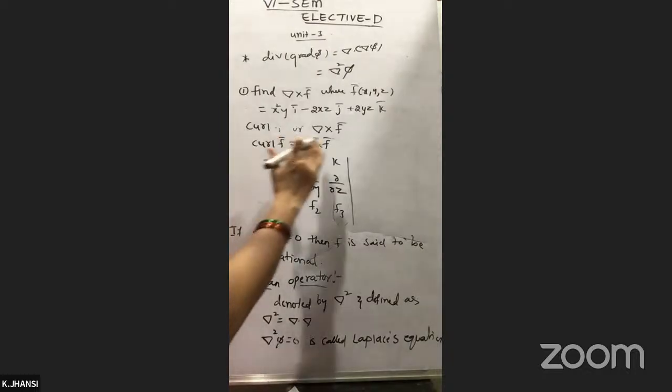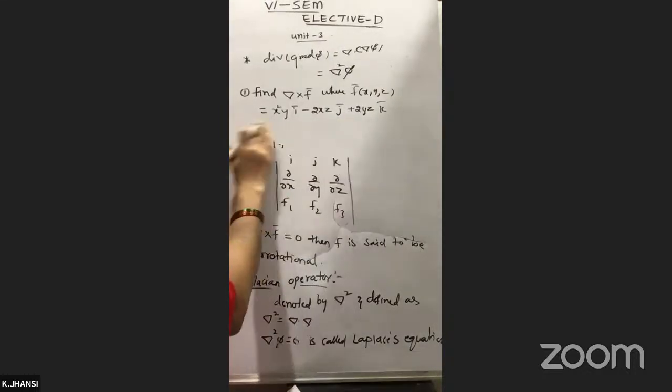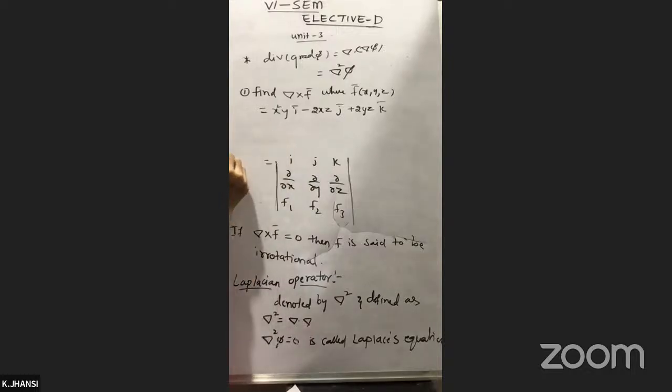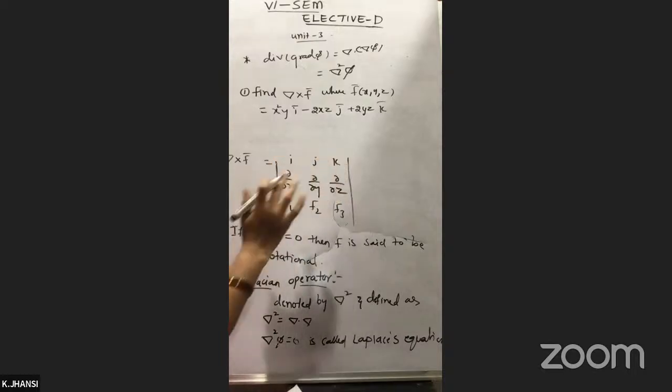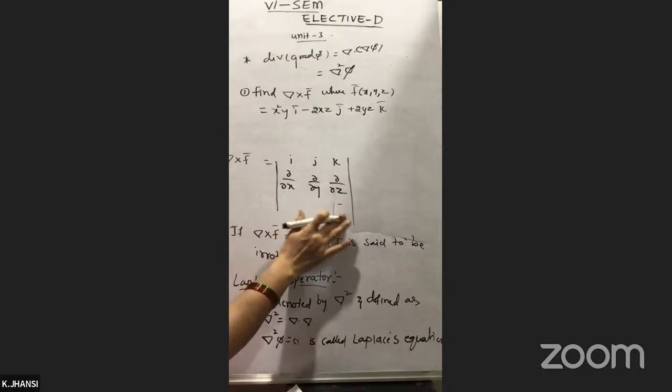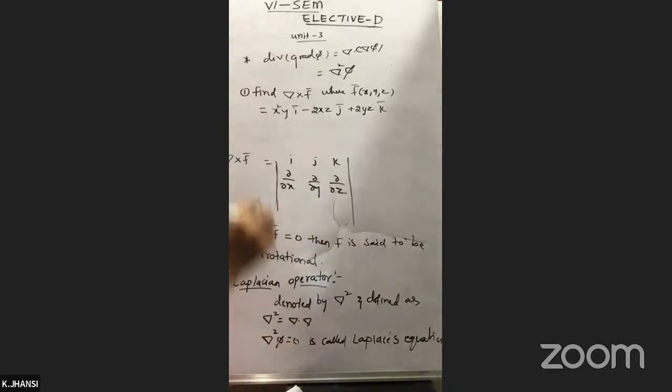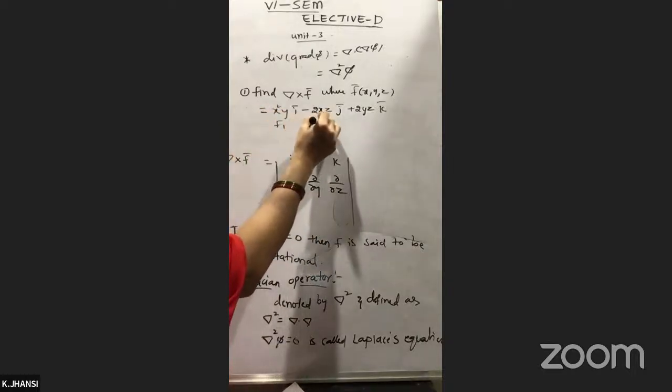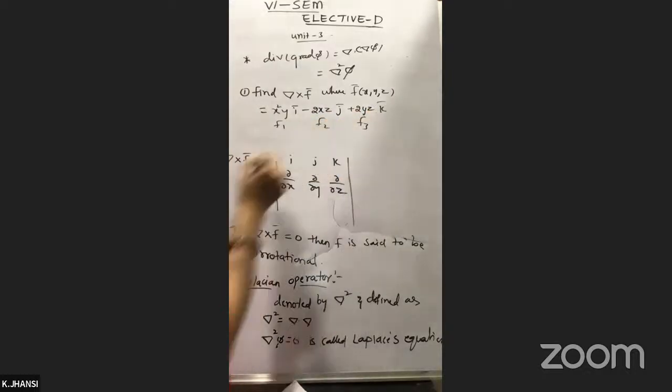So del cross f is equal to the determinant with rows i, j, k; dou by dou x, dou by dou y, dou by dou z; and f1, f2, f3.